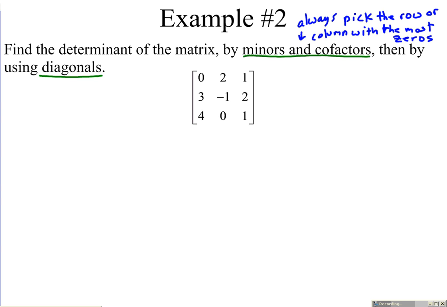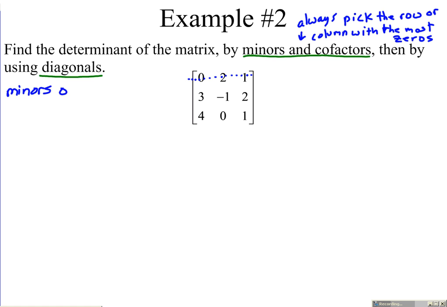And you'll see why when we go through the process, but that's going to be your starting point every time. Look for a row or a column that has the most zeros. In this case, row 1 has a 0, row 3 has a 0, column 1 has a 0, column 2 has a 0. So any one of those 4 would be fine to select. I'm going to pick row 1 to begin with here. I'm going to lightly put a dotted line through row 1 so I know that that's the row that I'm working with.